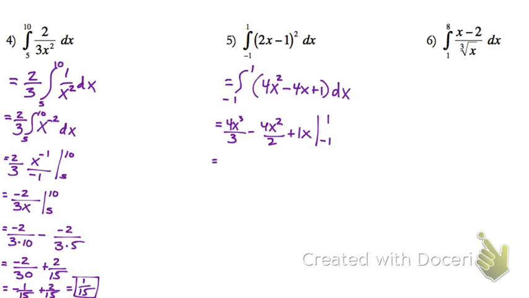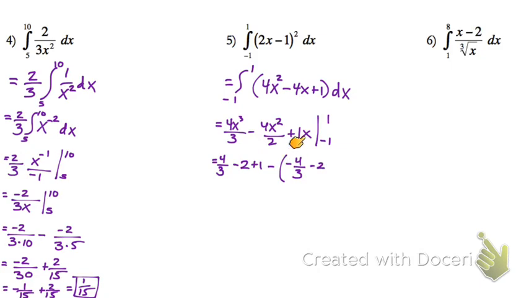If I plug in 1 first, I get 4/3. This simplifies to 2, so minus 2x squared would be minus 2, and then x squared would just be 1 still, so minus 2, plus 1, minus, fundamental theorem of calculus is to subtract. And now let's plug in negative 1. So this would be a negative 4/3. If I plug in negative 1 here, negative 1 squared is still 1, so this is still minus 2.